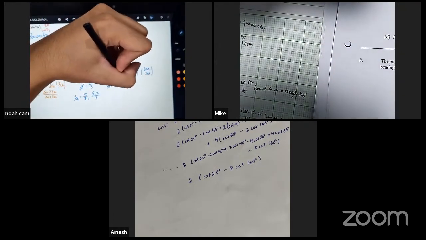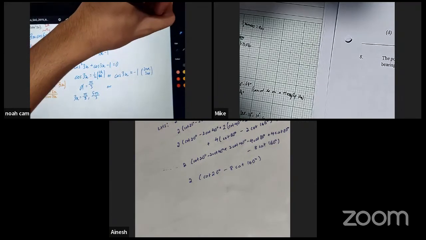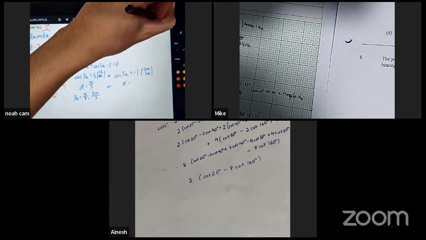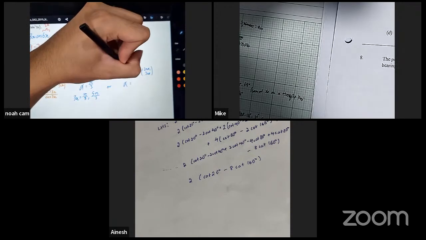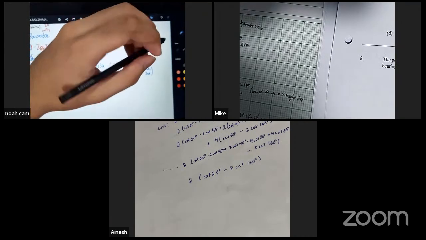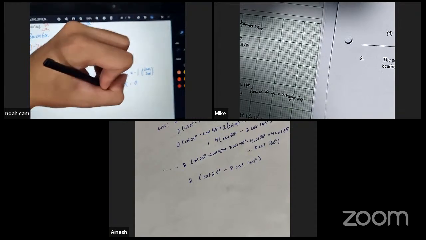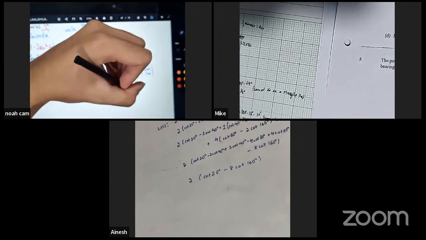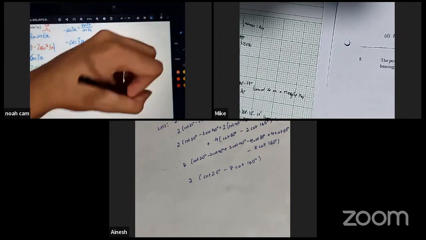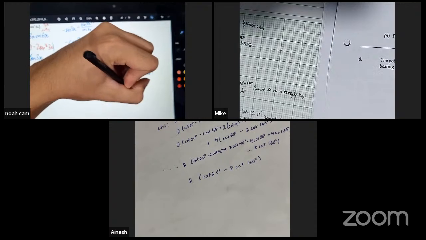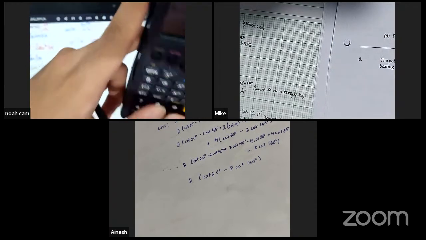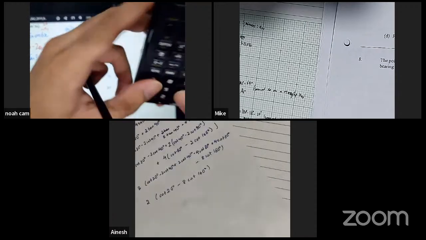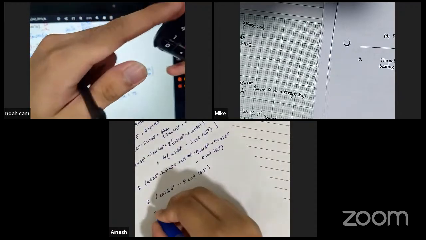He's asking us to do 10. 10 as in not TAN, but 10 degree. Is it possible to go to 10 degree? Let me simplify this.